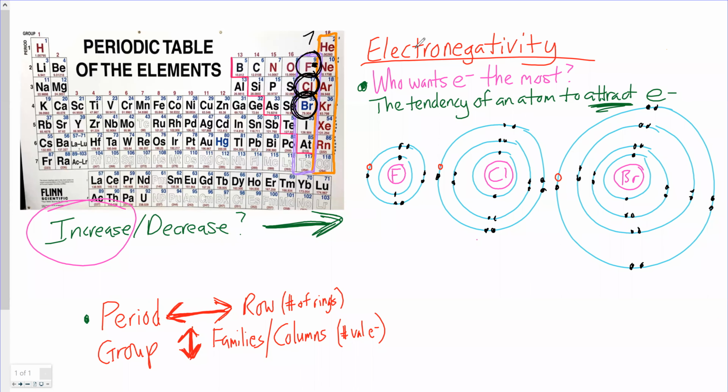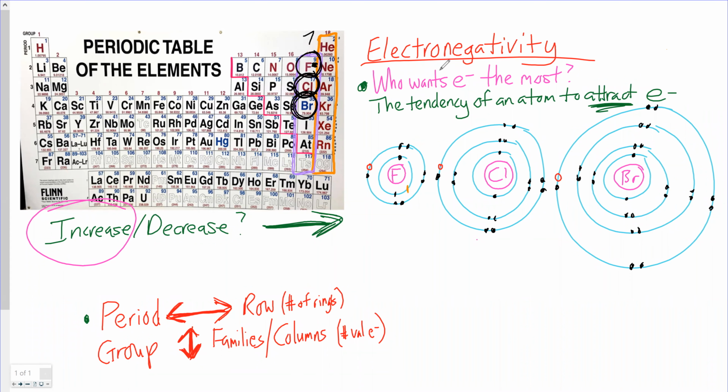Who do you think out of these 3 with all their lovely electrons is like, oh my gosh, please, please, please, I just need one more electron. I'm just trying to get a full shell out of the 3. Fluorine. Who'd you say? Fluorine. Poor little fluorine. He's only got this one shell that's full with his 2 little electrons.